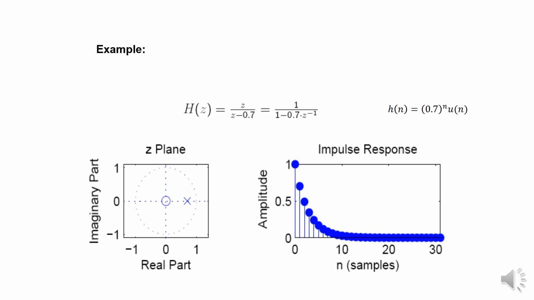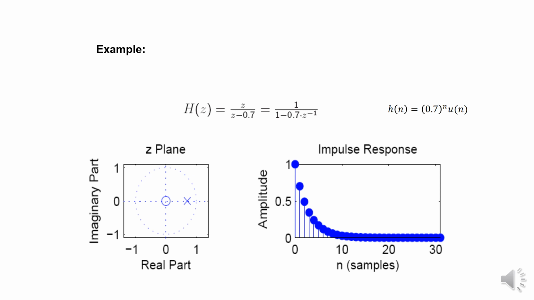A zero is a value where the numerator becomes 0. In H(z) = z/(z - 0.7), the numerator is z, so z is equal to 0 is a zero. It is marked by a circle in the z plane.